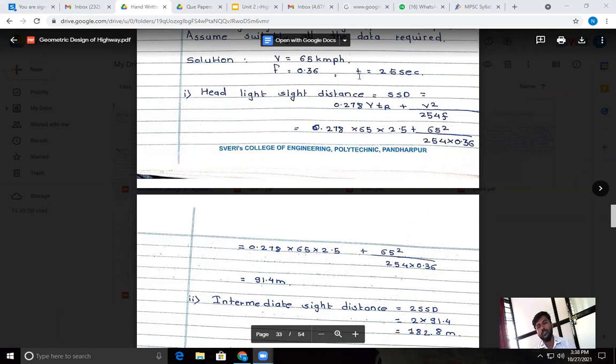If they have given a specific value, then that should be taken by you. But in most of the cases, f is taken as 0.35.